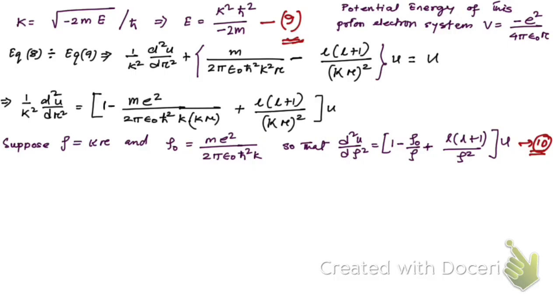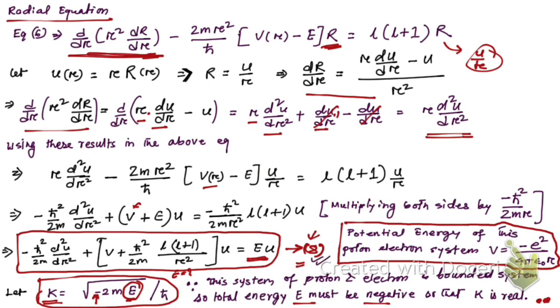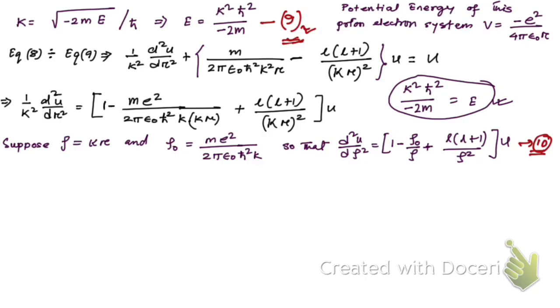So before you divide, you have to write equation number 9 in this way: the left hand side on the right hand side, and the right hand side on the left hand side, so E on this side. Now divide equation number 8 by this equation. Dividing 8 by equation number 9, we have got this result. And now let me proceed further.